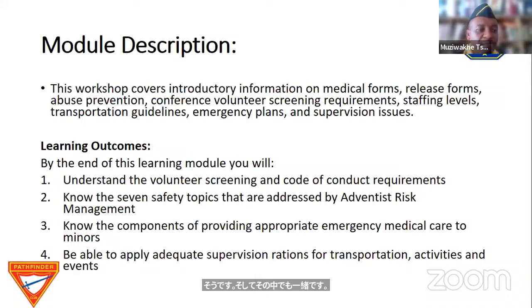Therefore, by the end of this, the learning outcomes that we should take note of, leaders, will include, number one, understand the volunteer screening and code of conduct requirements.